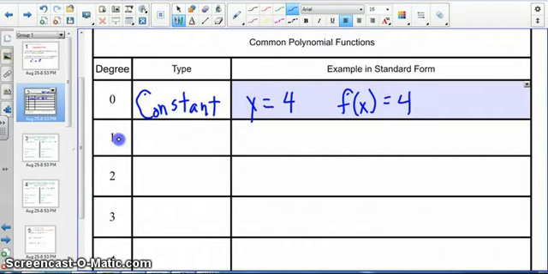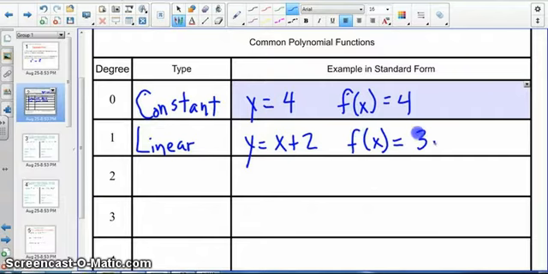If your highest exponent is a 1, this is called linear. Example of that would be like y equals x plus 2, or f of x equals 3x minus 9. Your exponent for your variable is a 1. That's our degree, and that's the type, linear.